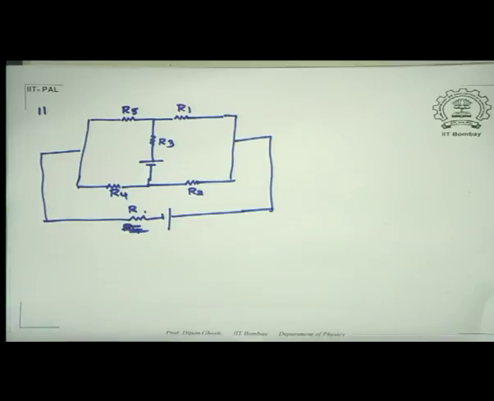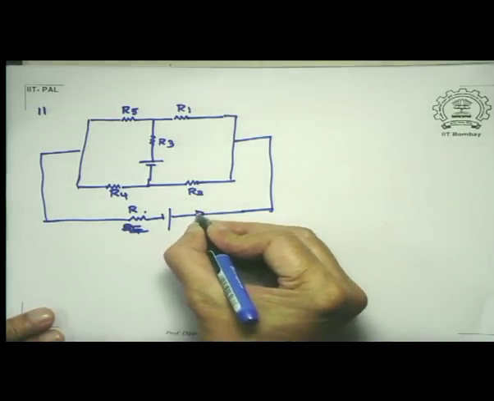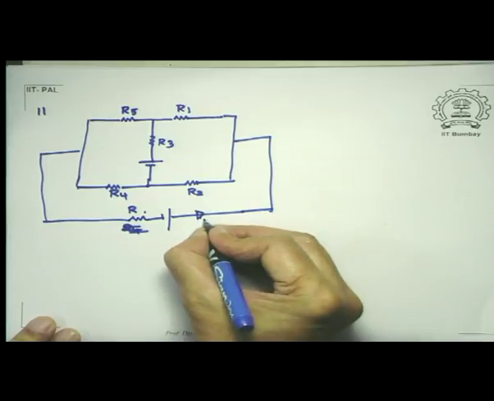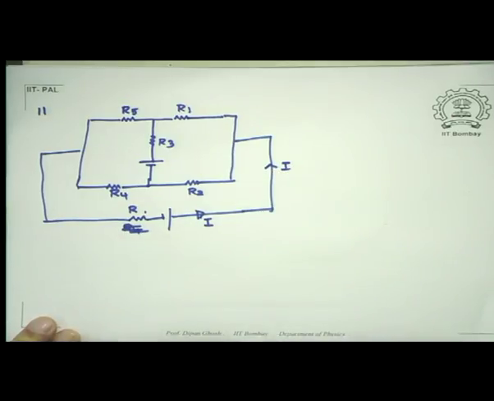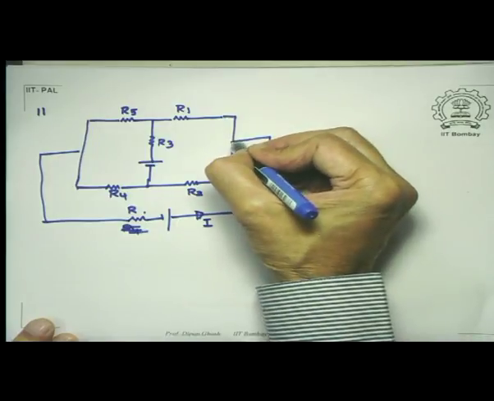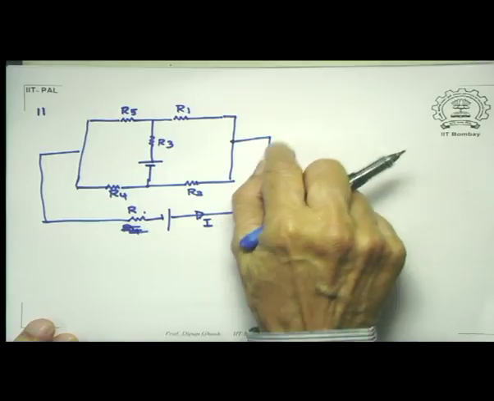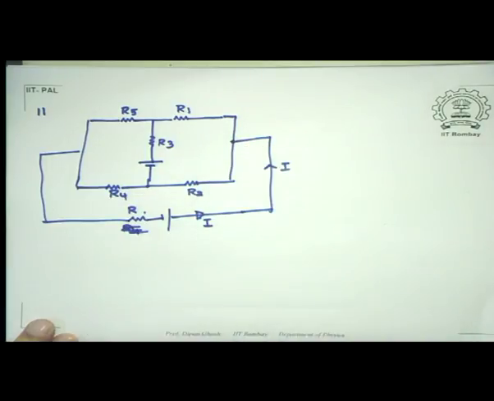So how do I look at this? How many unknowns are there? Let's look at this first. There is this general current which is going out, let's call this I. Now this I gets divided at the junction. Remember I said that the algebraic sum at this point is 0.